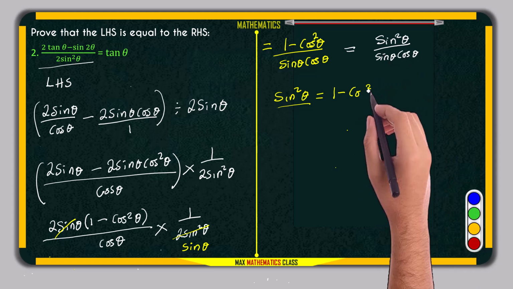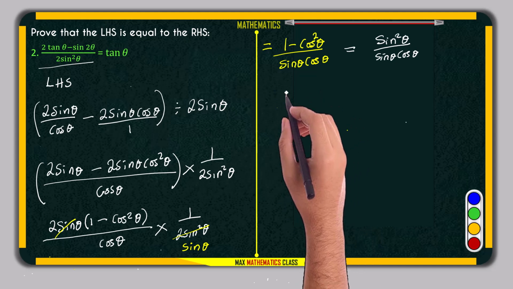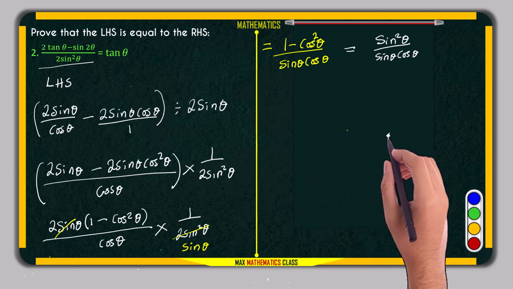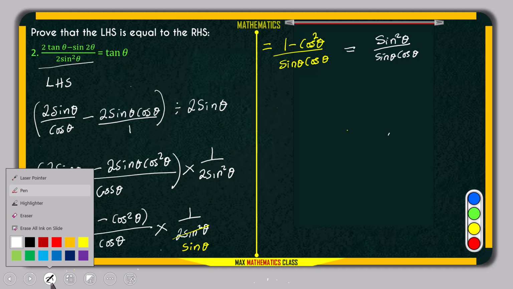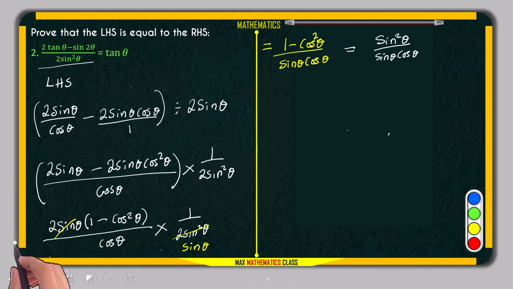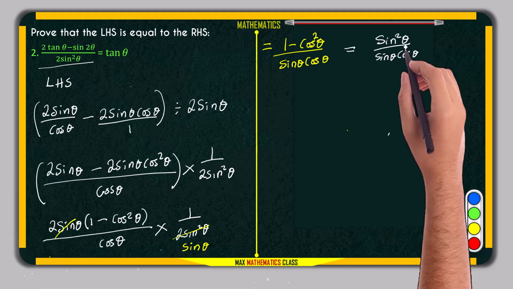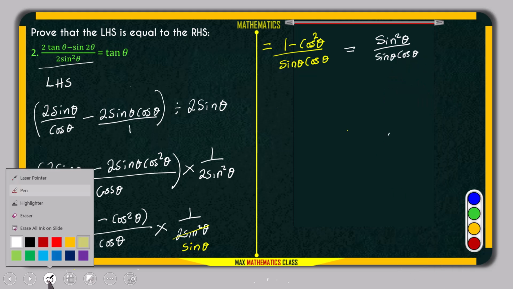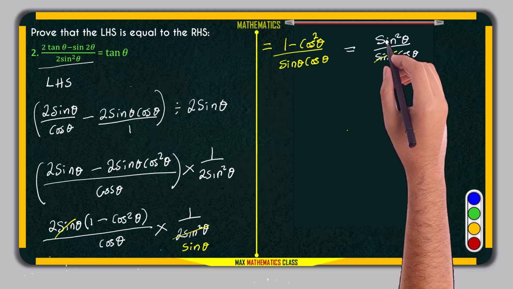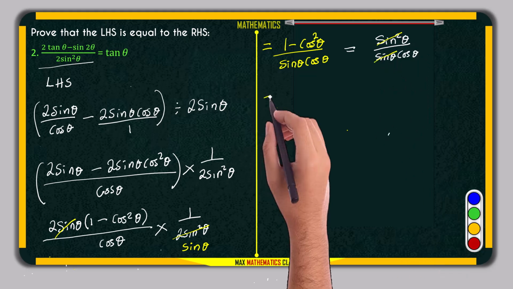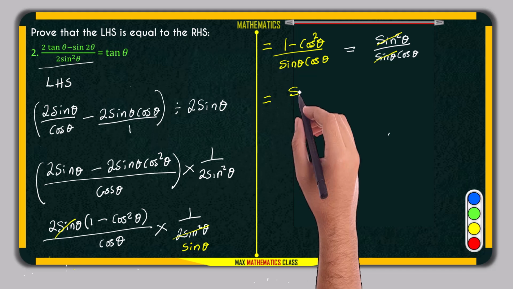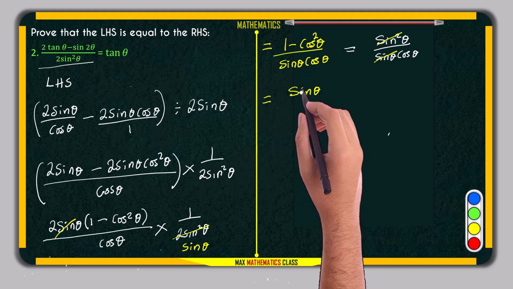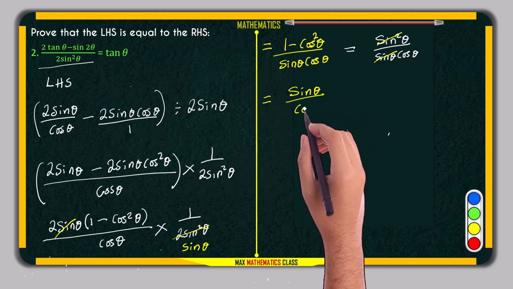So let's clean the board. So we can now see that this sine square, this sine cancels out one of these. So the new value we have now will be sine theta over cos theta.